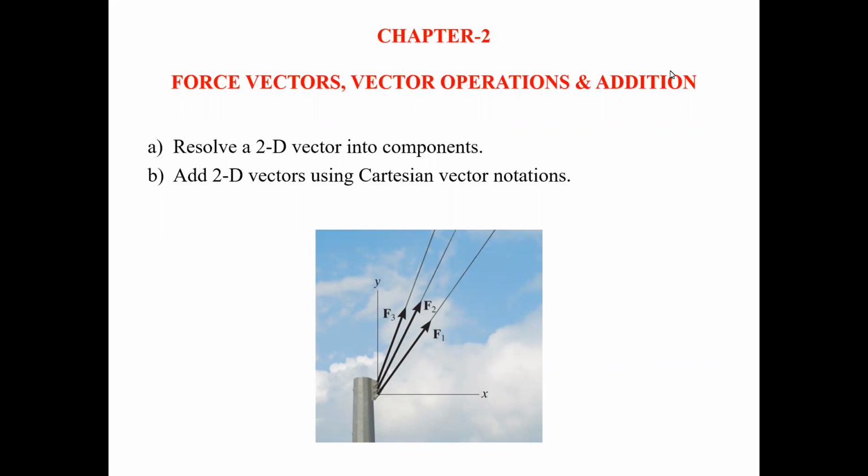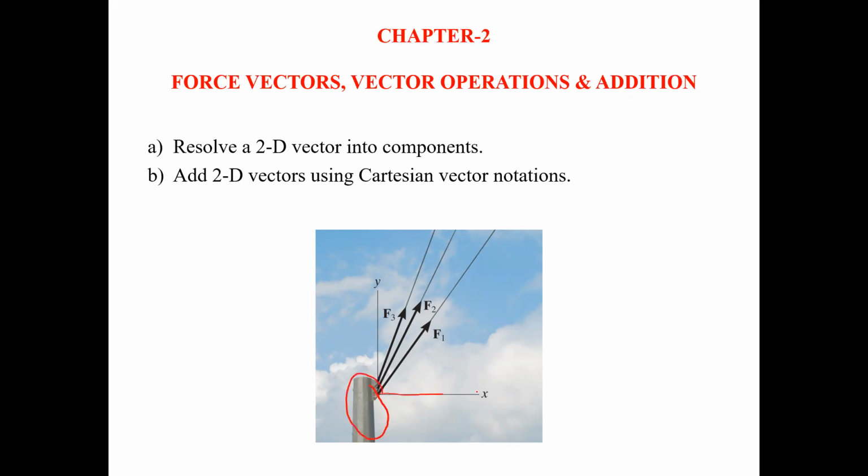In this topic, we are going to talk about force vectors, vector operations, and vector addition: how to resolve a two-dimensional vector into its components, or how to add two-dimensional vectors using Cartesian vector notation. In this picture, let's say this is a pole.